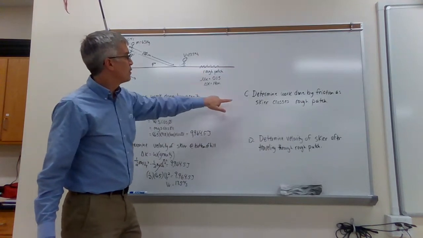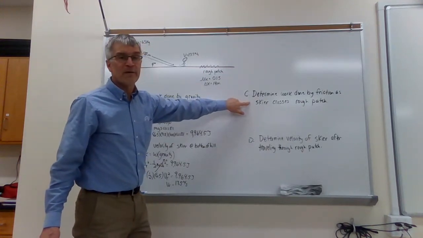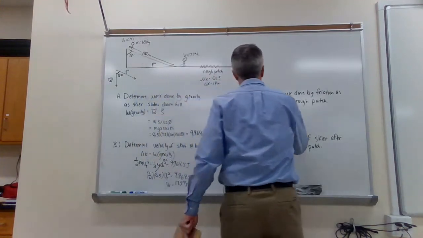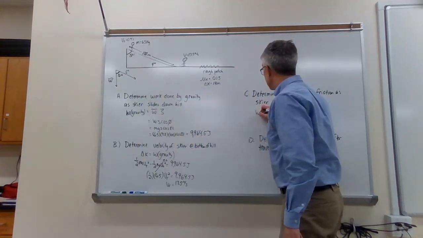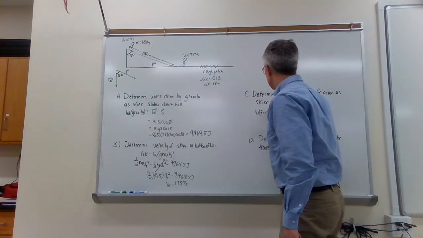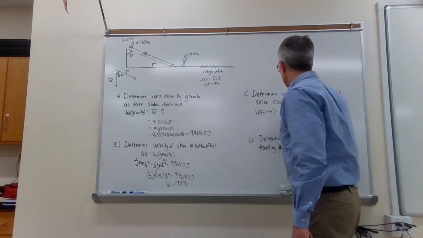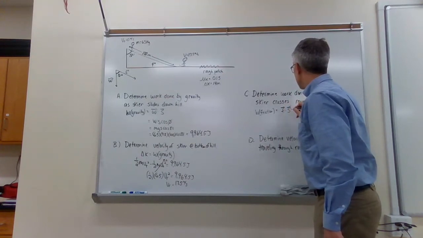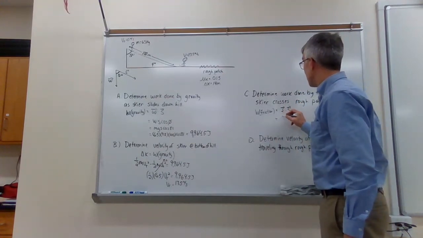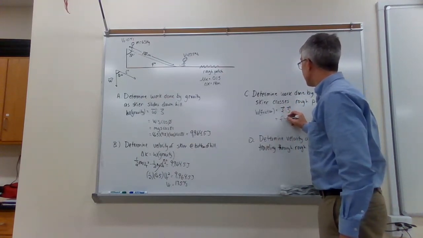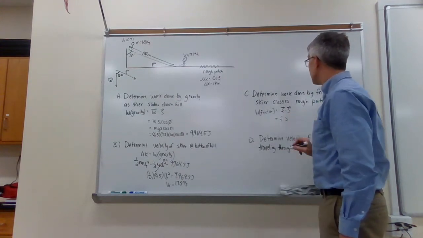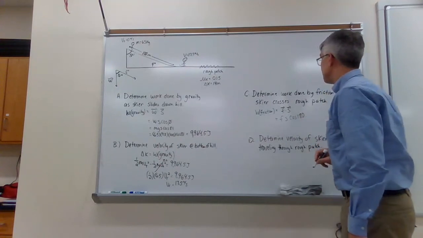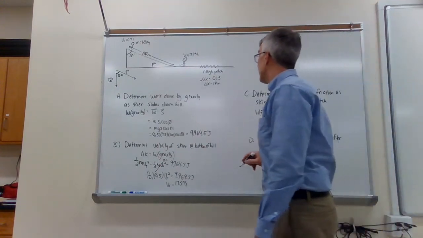So what we want to do is determine the work done by friction as he crosses through this rough patch. The work done by friction will be the dot product of the frictional force and the displacement. So that's going to be the magnitude of the friction force times the magnitude of the displacement times the cosine of 180.